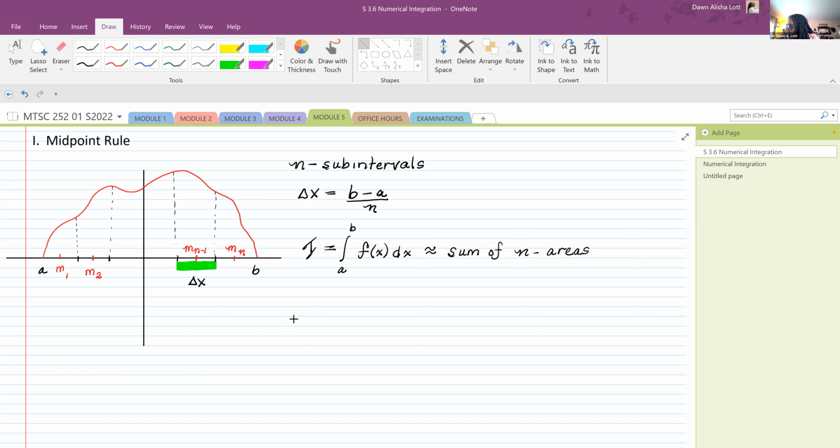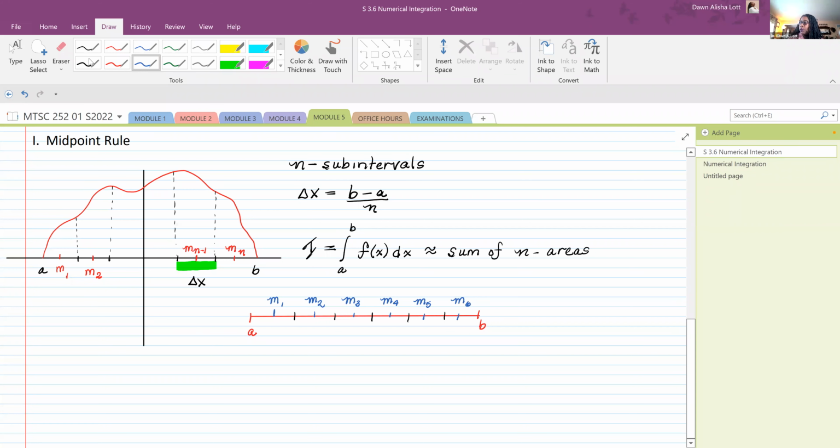So we would take the interval from a to b, divide it up into your n units, and then find the midpoint. So this would be M1, M2, in this case M3, M4, here M5, and M6 for this example.